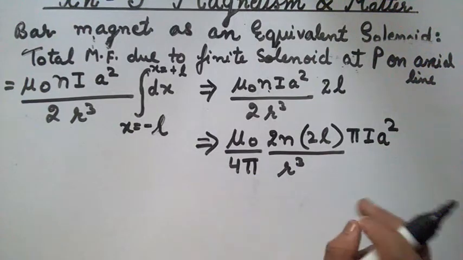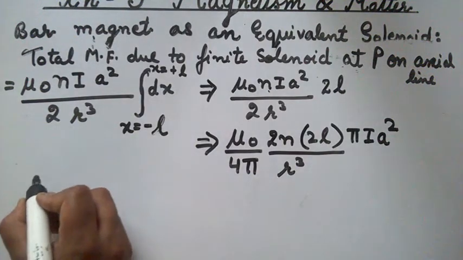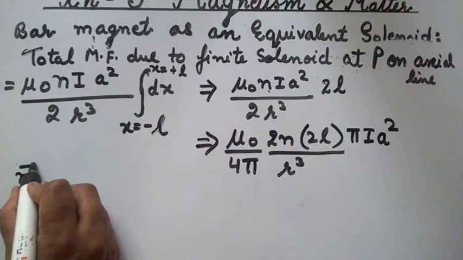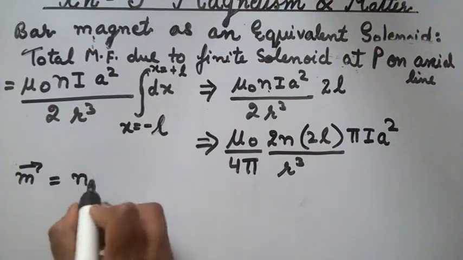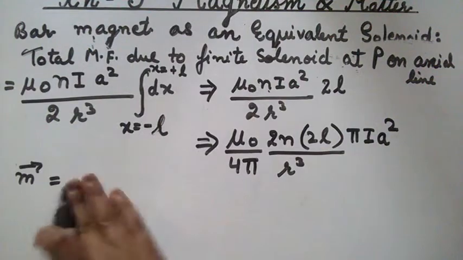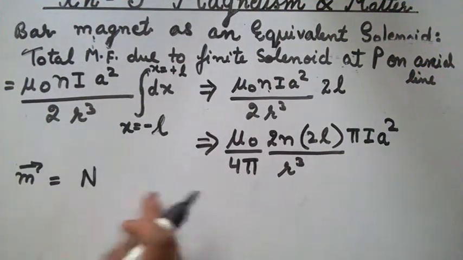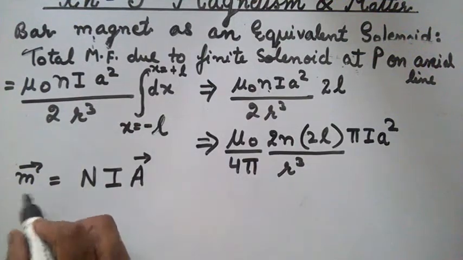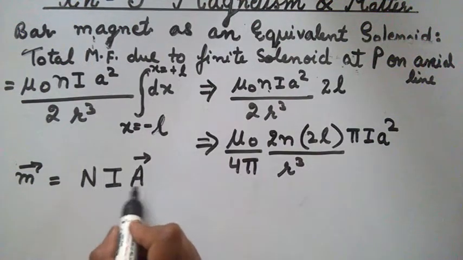Now we have studied that the value of magnetic dipole moment is equal to number of turns in the solenoid into current into area vector, or in magnitude form it is M equivalent to NIA.